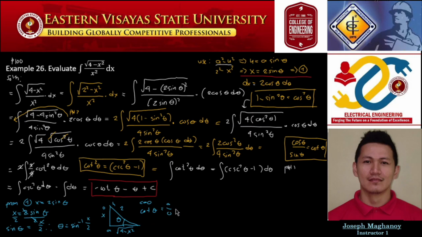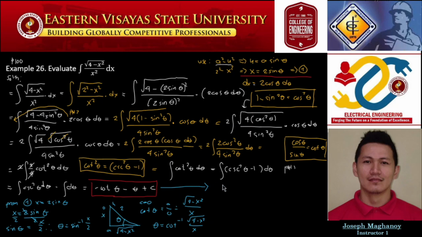So now we rewrite our cotangent. So adjacent, we have square root of 4 minus x squared all over the opposite x. So we have a value of theta for cotangent. So therefore our cotangent theta is square root of 4 minus x squared all over x. So we just substitute the value of our theta to our existing answer.